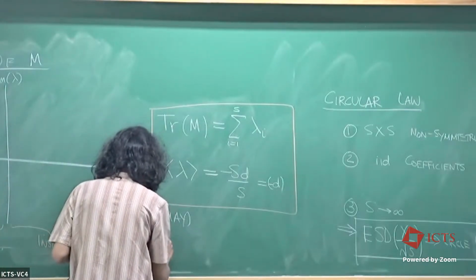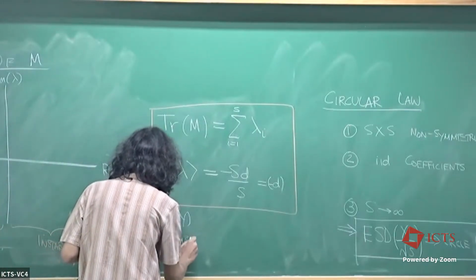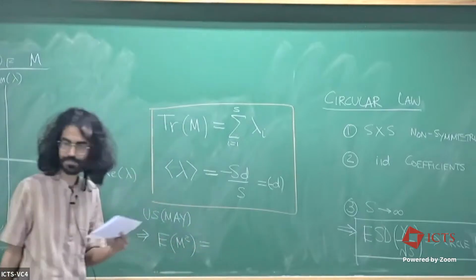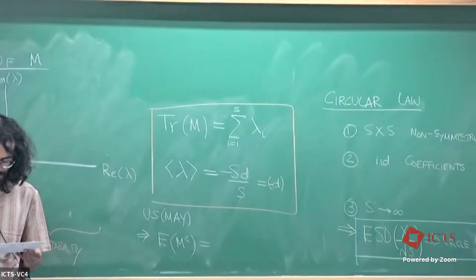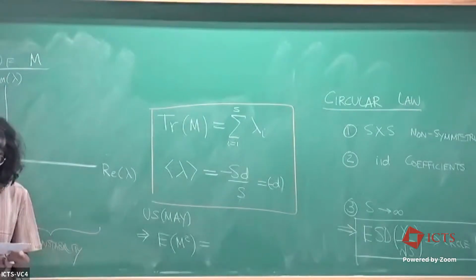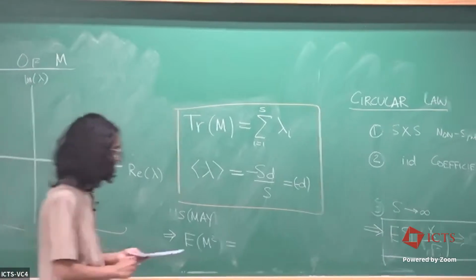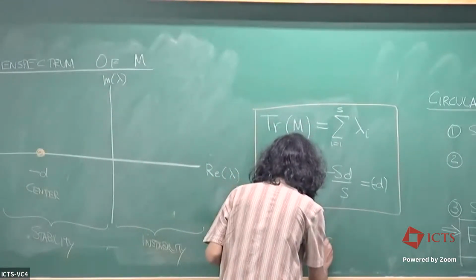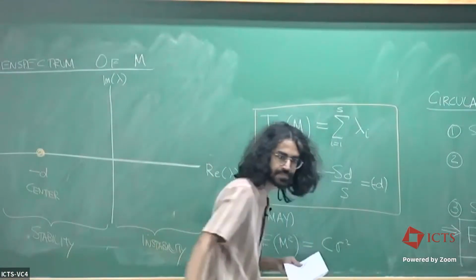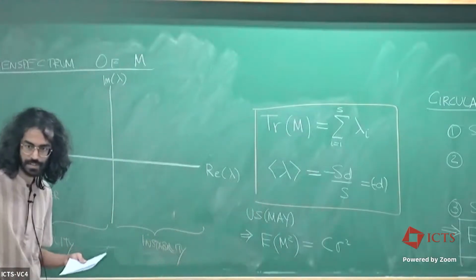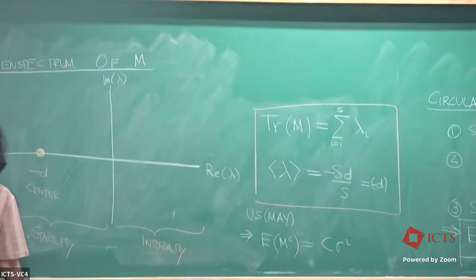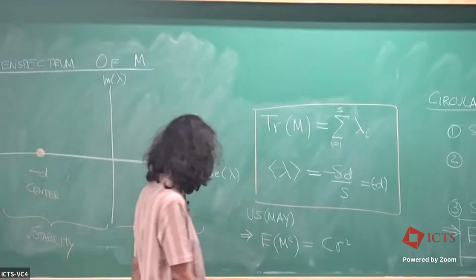So in our case, what's our E of m square? It's not 1, right? It depends on these entries. So it's something like C sigma square. Not all of the entries are going to give you a sigma square. With probability C, you're going to get that.